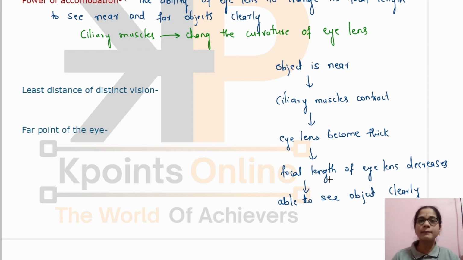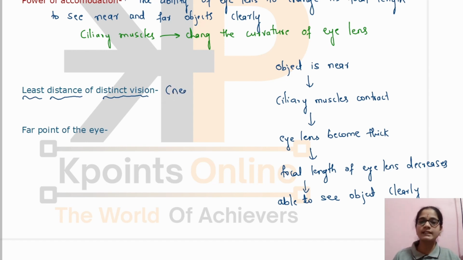Try to hold a pen very near to your eyes and you can observe that you are not able to see that pen very clearly, because our eye lens has a certain limit of its focal length to change its focus. The minimum distance at which you are able to see the object clearly is called the least distance of distinct vision.